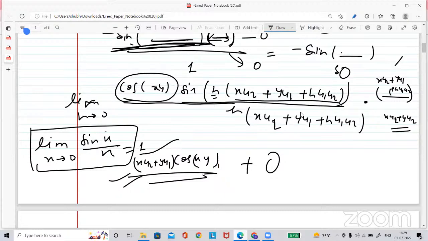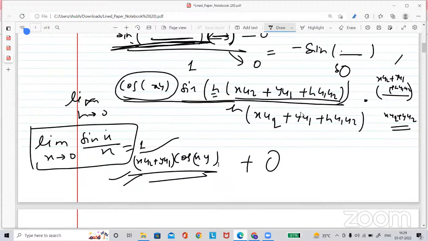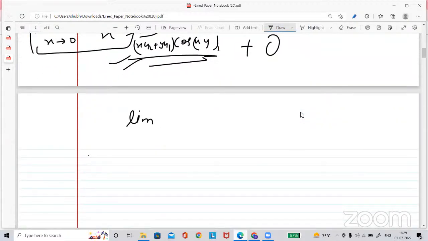Suppose you want to find the limit as x goes to 0 of sine of some constant c x upon x. What is the process to get that? You can multiply by c in the numerator and denominator.